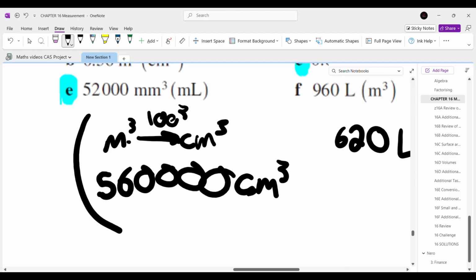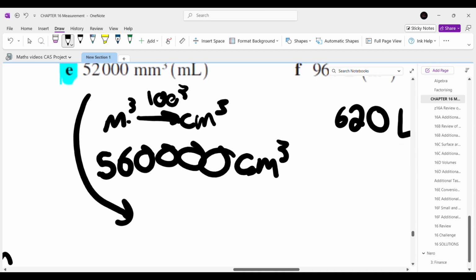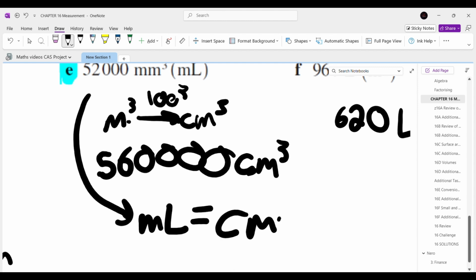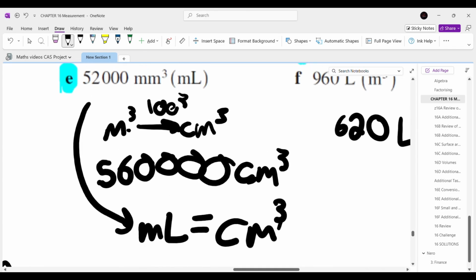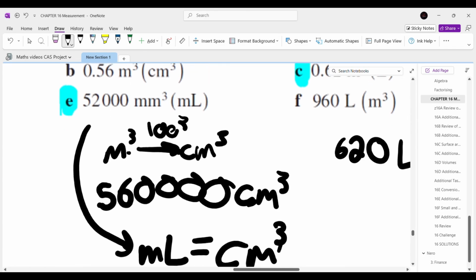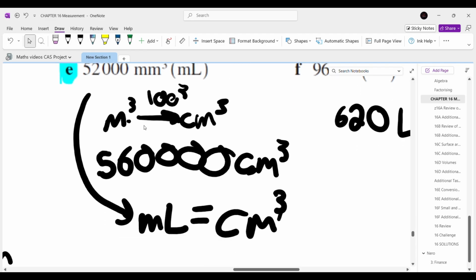Then cubic millimeters to ml. So remember that your milliliters equal cubic centimeters. So we just need to convert to cubic centimeters, which is dividing by 10 to the 3, which is just 1,000.